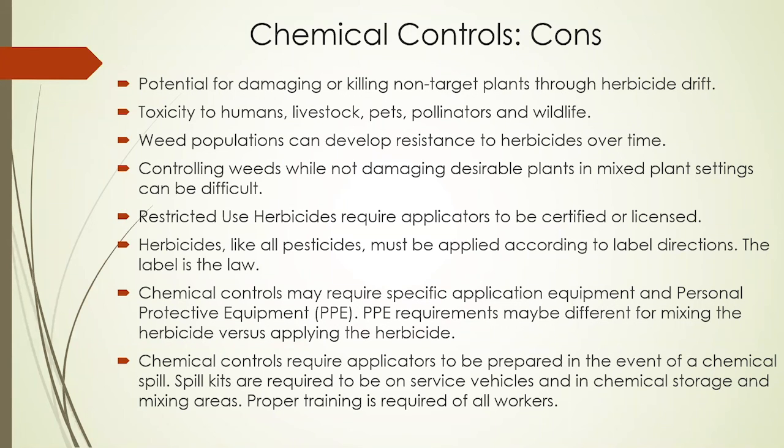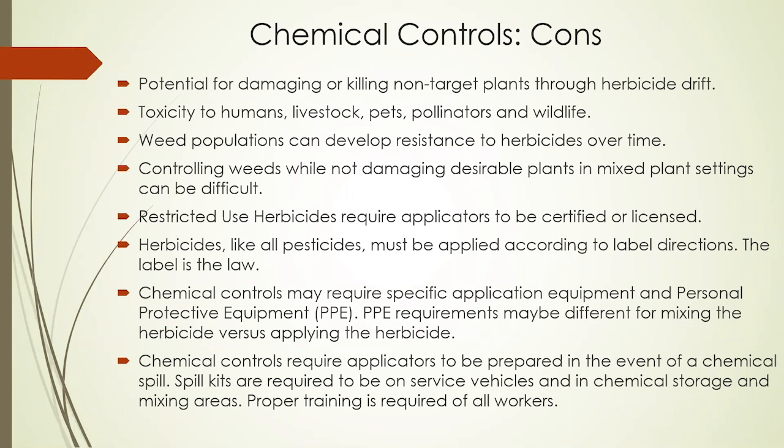The other problem with the chemical control, especially for some of these weeds, is the weeds can develop resistance to herbicides over time. If you're doing multiple applications of an herbicide to a site, you want to choose different herbicides each time with different modes of action, because if you do that, you're less likely to develop resistance.